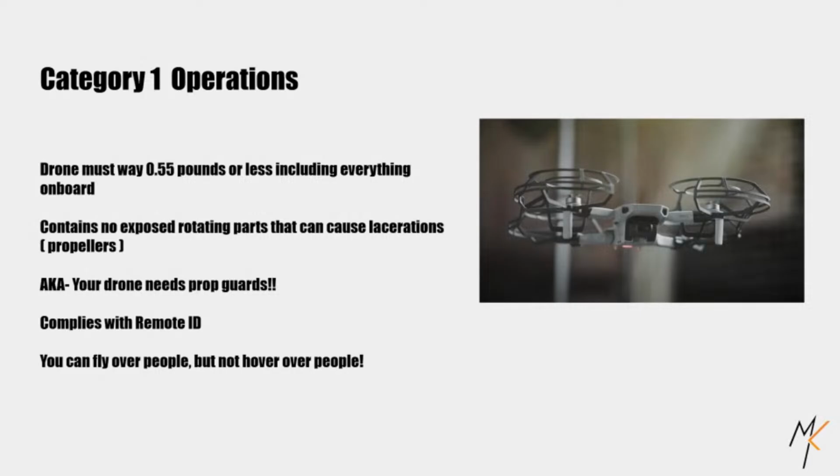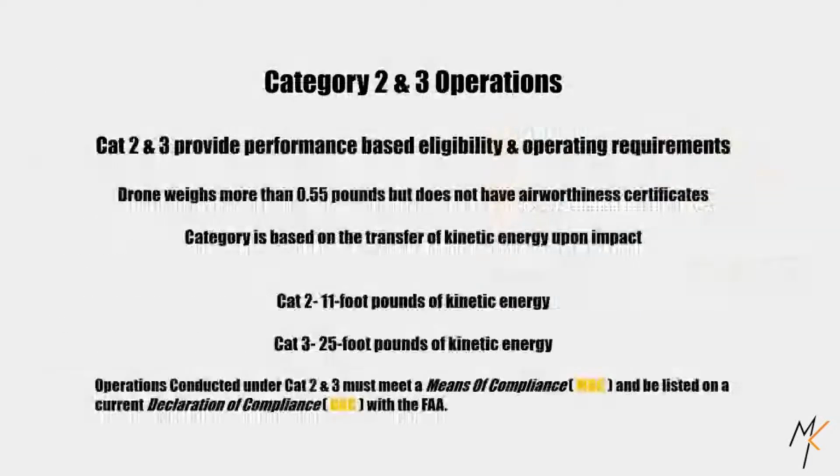So that's category 1. Categories 2 and 3, they're similar but have one specific difference. Your drone weighs more than 0.55 pounds, but does not have an airworthiness certificate. And in order to determine if it's going to be a category 2 or 3, it'll be dependent upon the amount of kinetic energy that your drone delivers upon an impact.